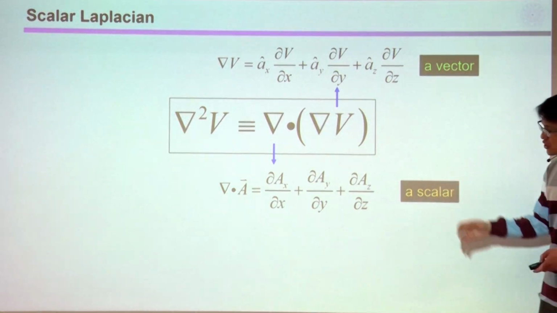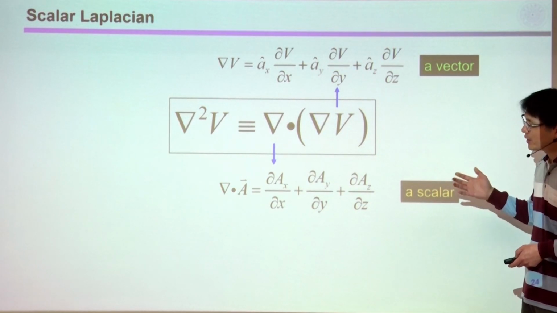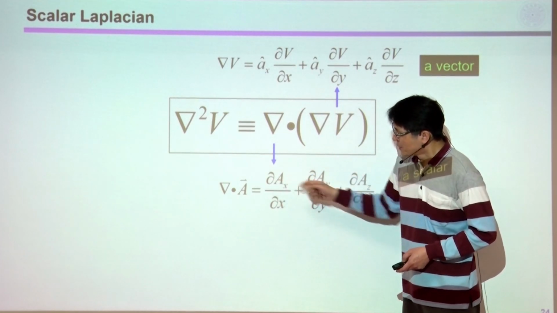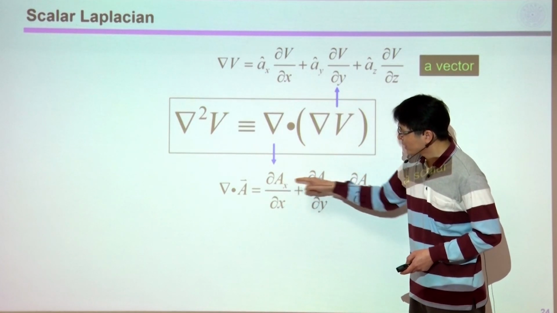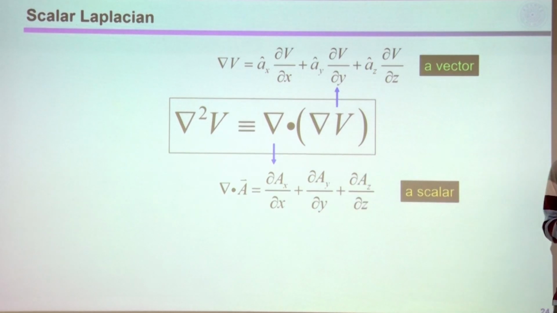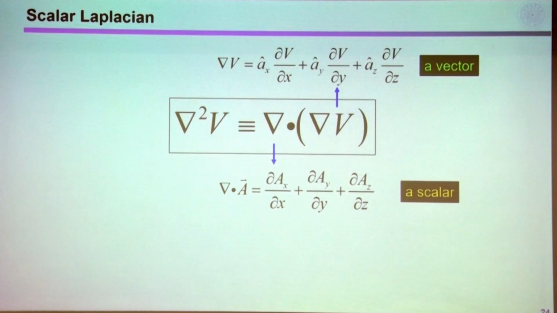Okay? Because essentially in Cartesian coordinate, we know that divergence is trying to apply differentiation for all the components and you add them up, so you arrive at a scalar function.